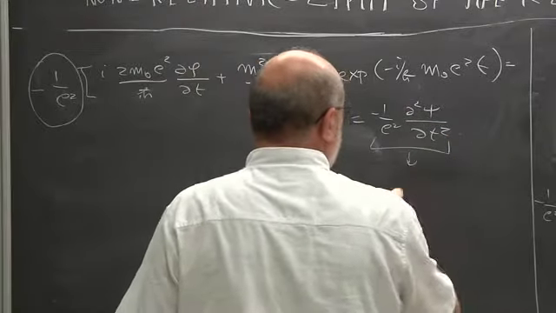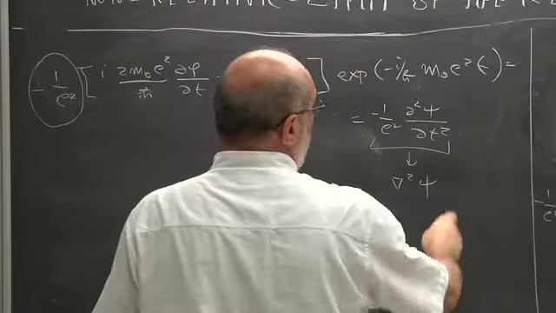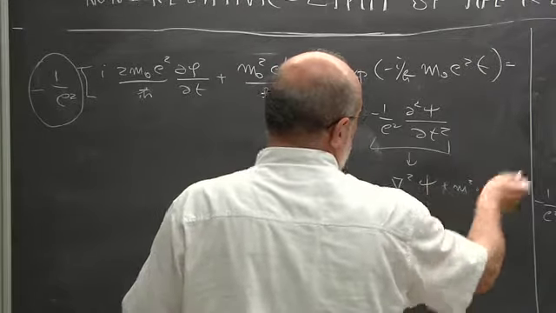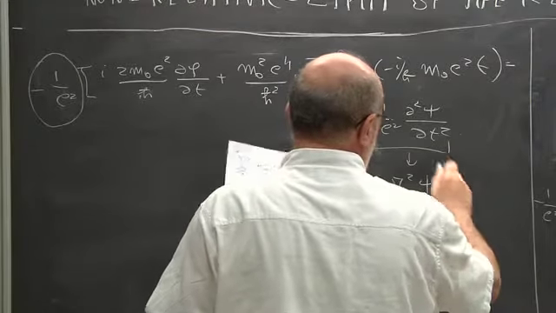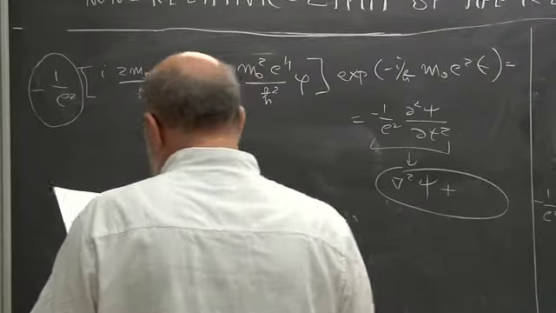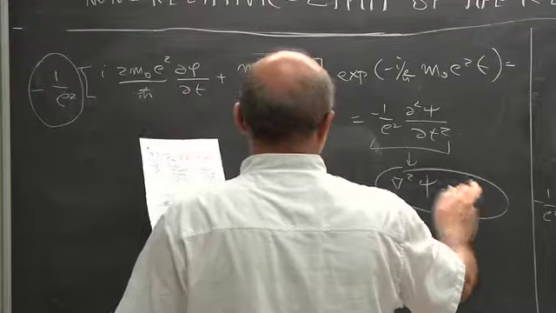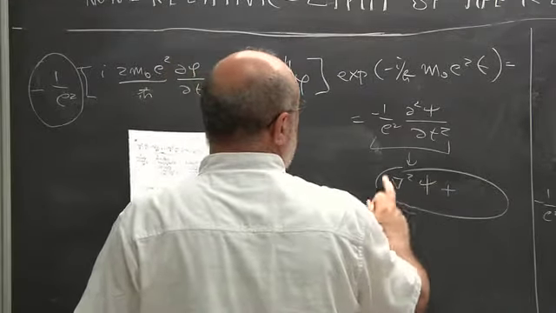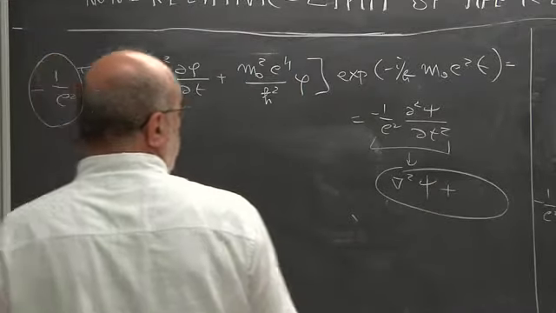Plus the mass term, put c equal to 1, put the correct sign, and so forth. So I replace this with what the Klein-Gordon equation tells me. And the result is that there is a part with the mass that cancels exactly this part, and you are left with this second derivative and the first derivative. You understand the point, okay?